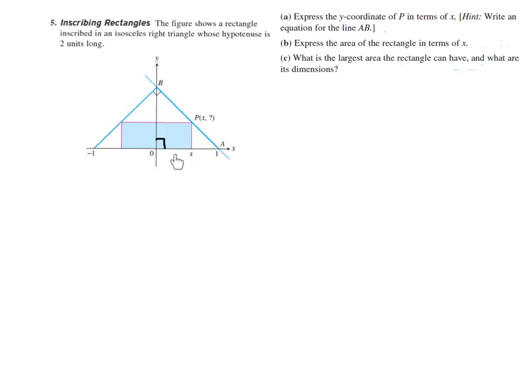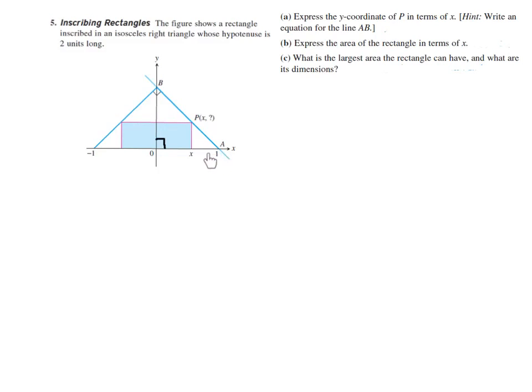And so we have another isosceles right triangle here, 45, 45, 90. And that will allow us to find the equation of this line right here.